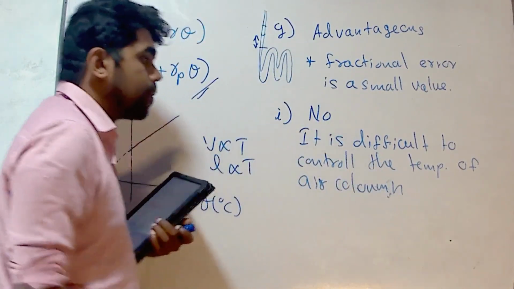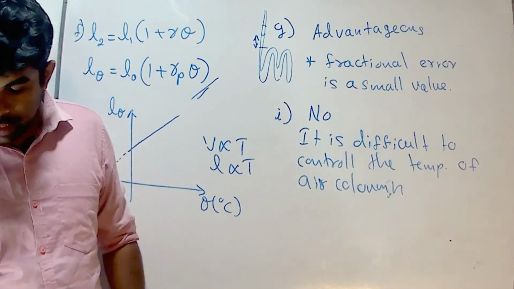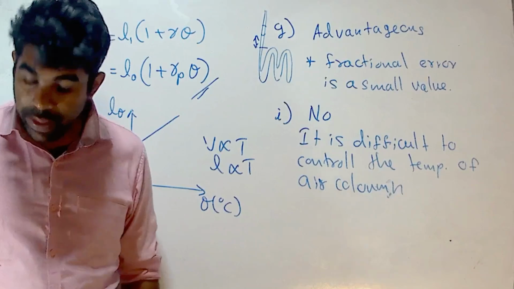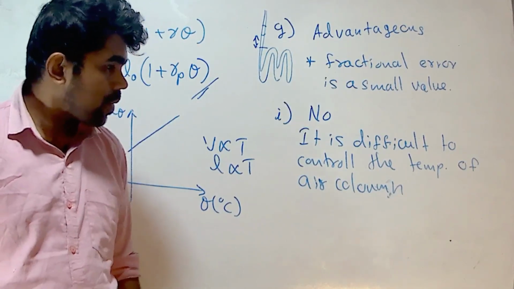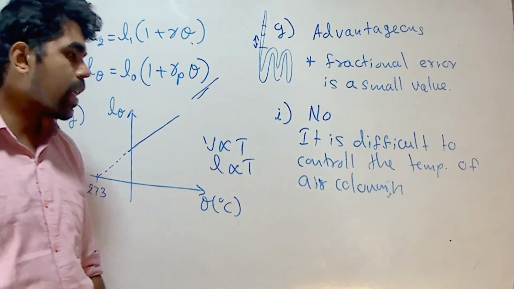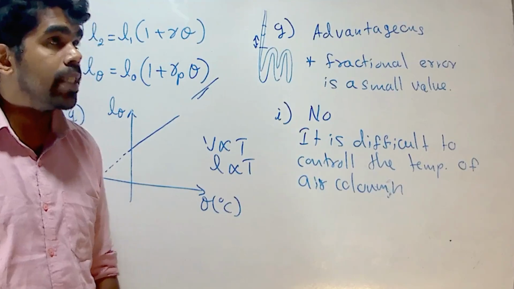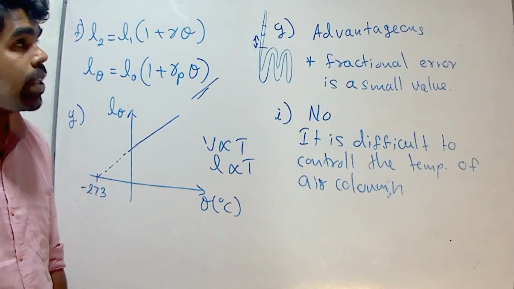When using a hot plate, we can do the practical, but it is difficult to control the temperature. We can control temperature easily by using Bunsen burner.